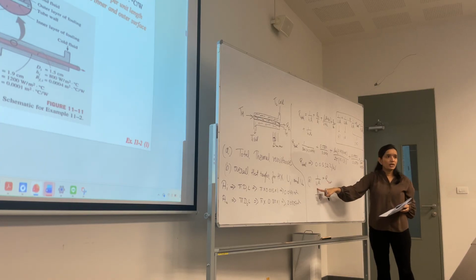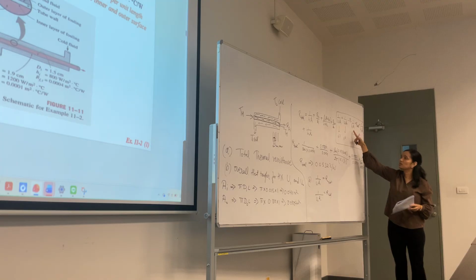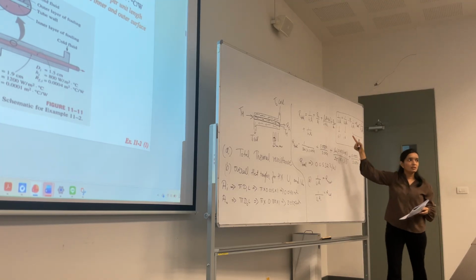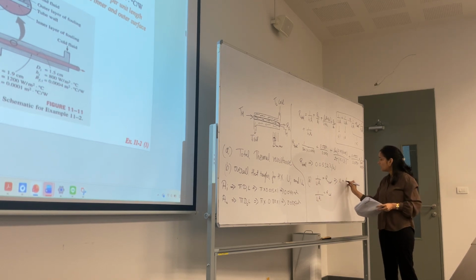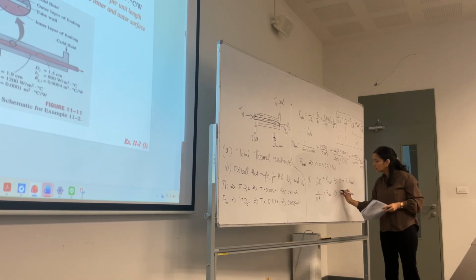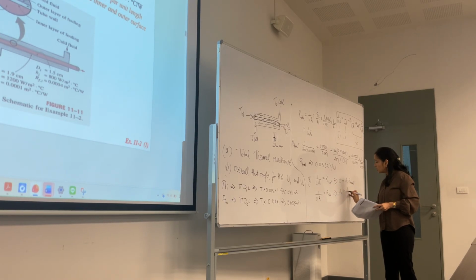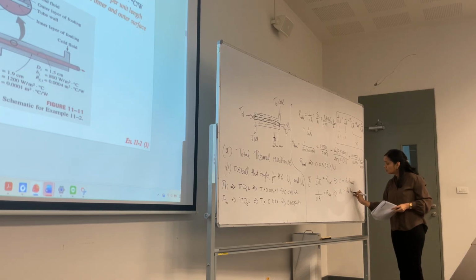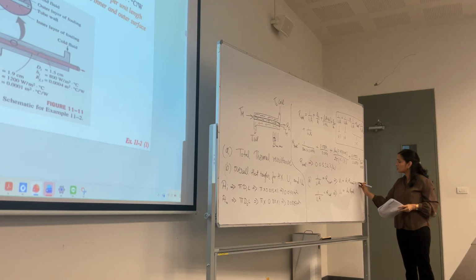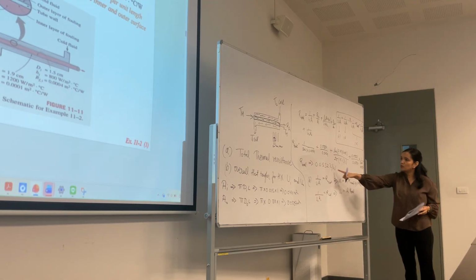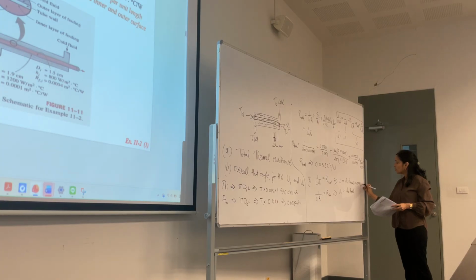So I can calculate Ui. Understand? So from here, Ui will be 1 over AI times R total. U naught will be 1 over A naught times R total. AI is 0.0471. R total is 0.4530.